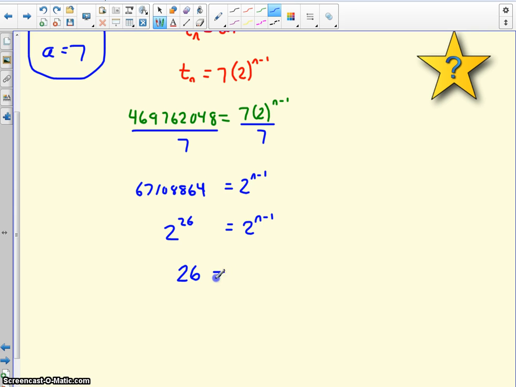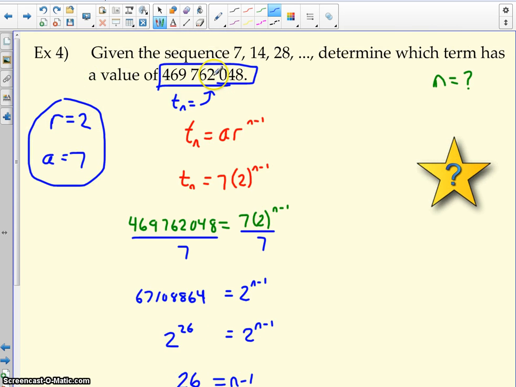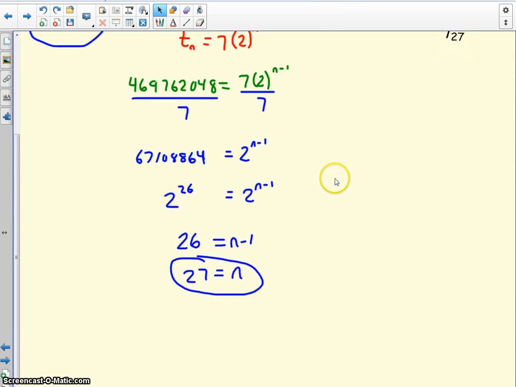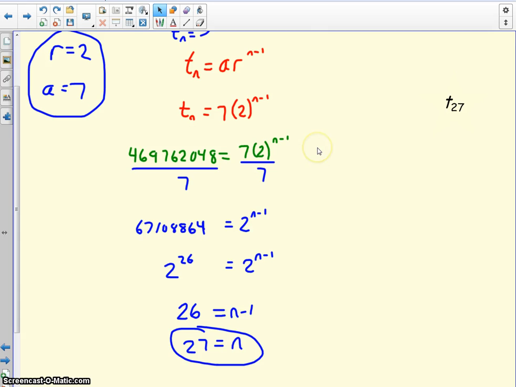So 26 is equal to n minus 1, which means that n equals 27. So that means the 27th term of this sequence is 469,762,048. Okay. So again, it's the same types of questions we saw with arithmetic sequences, but solving them can take a little bit of a different approach, obviously, because now we're dealing with exponential equations versus linear equations.